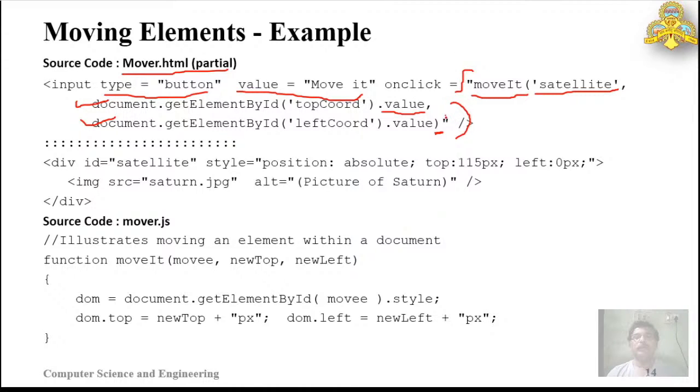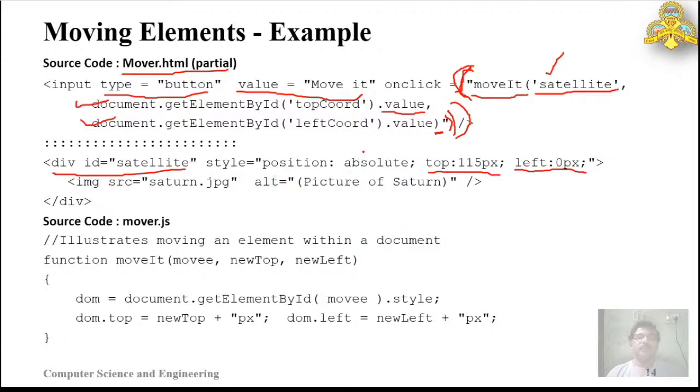So from here to here it is function script calling, and I specified the element name as satellite, and that satellite name is assigned to a div tag, and it has position absolute, from top 115 pixels, from left 0 pixels.